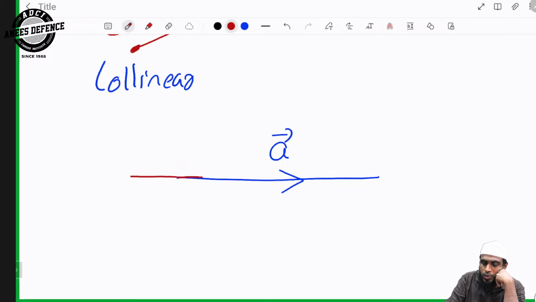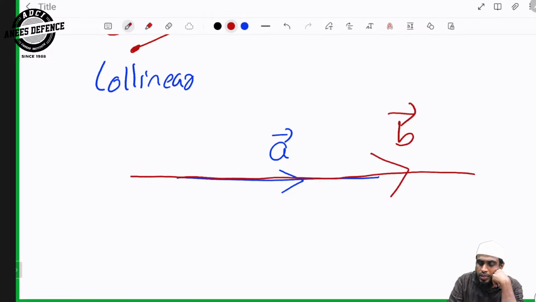For example, I am going to draw a vector like this. This is the second vector B. Both are on the same line. We can say that A and B are collinear vectors.